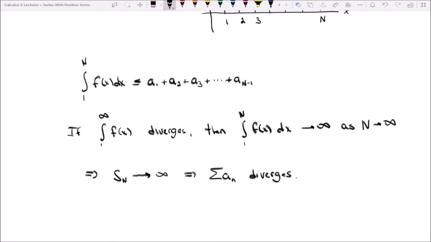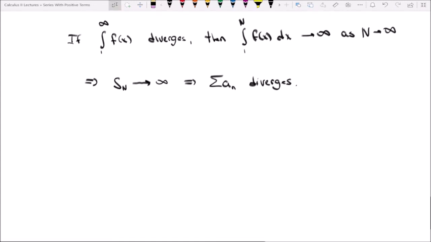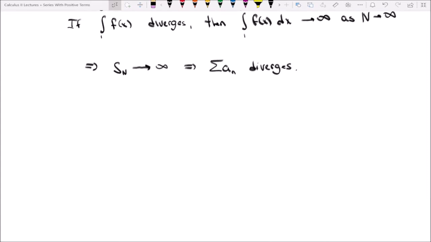So we now formally state this as our second test. It's the integral test.